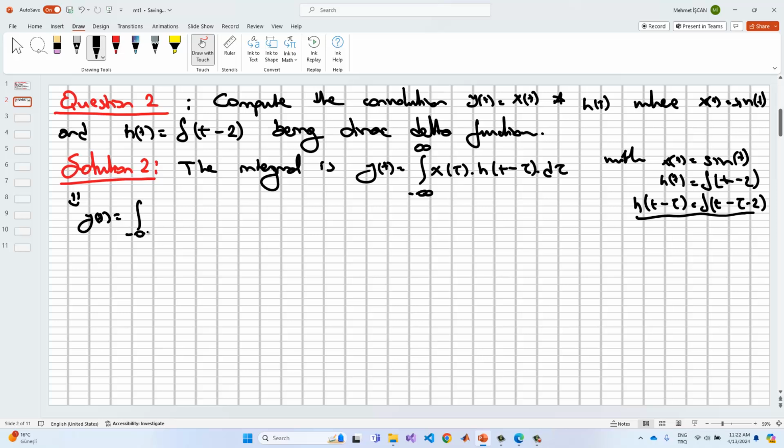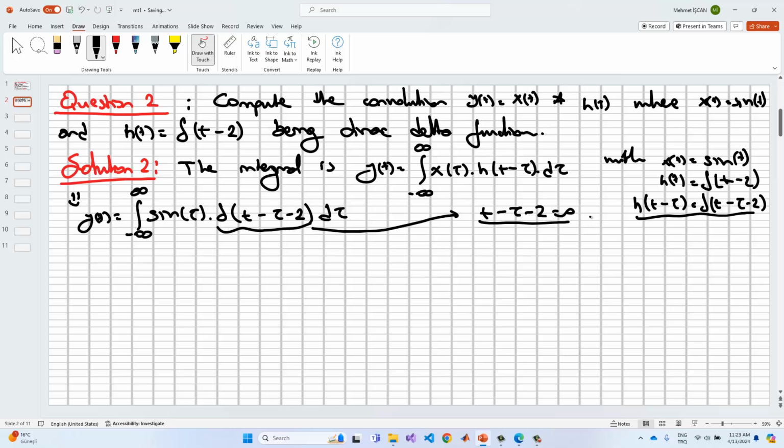So y(t) equals the integral from minus infinity to infinity of sin(tau) times the Dirac delta of t minus tau minus 2 d tau. The importance of the Dirac function in this equation is that we can remove the integral, because the function returns the value 1 when t minus tau minus 2 equals 0.